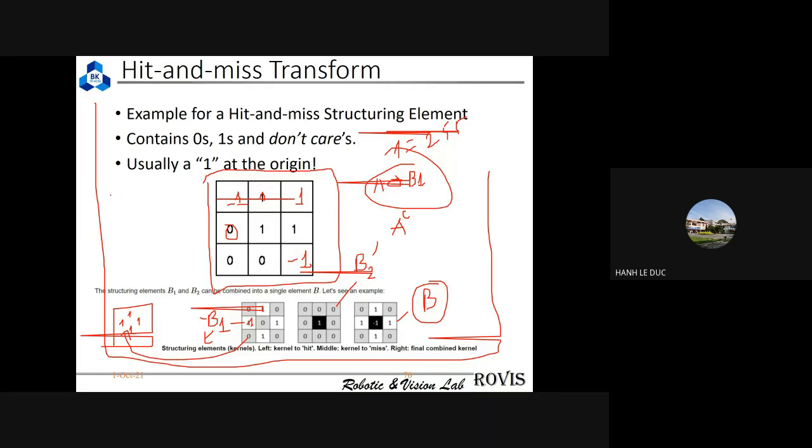Normally they will often provide you B1 and B2 like this one, but normally they just provide you B1, and then you have to find B2 by yourself. Normally B2 is the complement of B1. So this is B2, and B is the combination of B1 and B2.